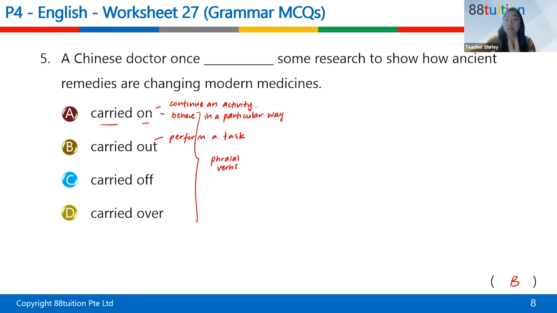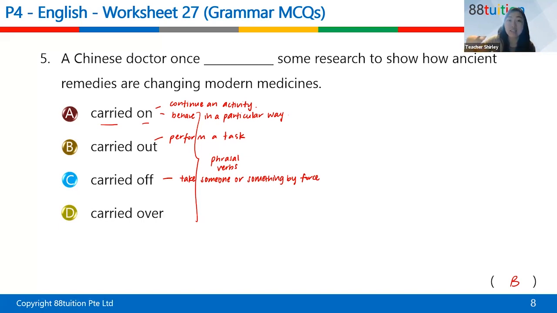Okay, now next one is carry off. Carry off can mean two things. Carry off can mean to really carry someone off. You take someone away by force. So he carried him off. This one can be to take someone or something by force. He carried him off the stage.